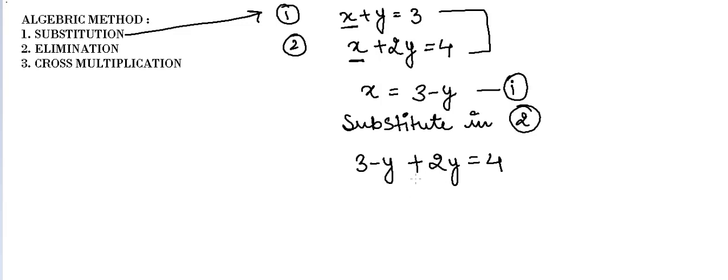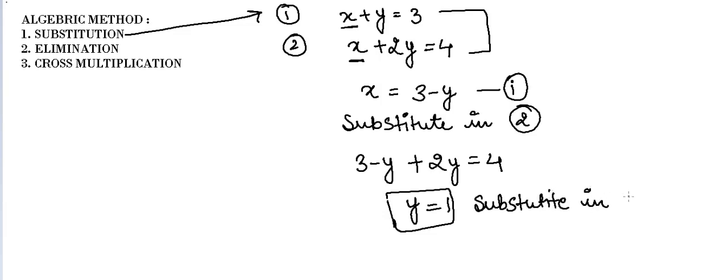Now you will get the value of y. You will solve it here and you will get the value as 1. Now if the value of y is 1, I will substitute the value of y in the first equation. What you will get, x is 3 minus 1, that is 2.